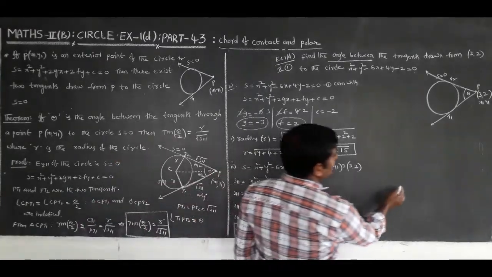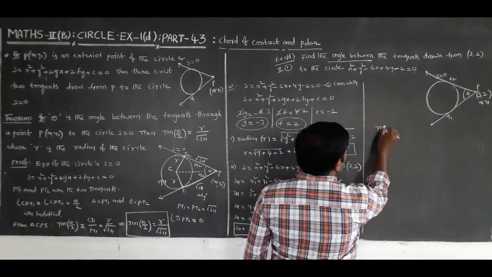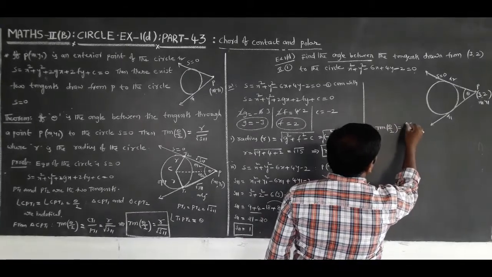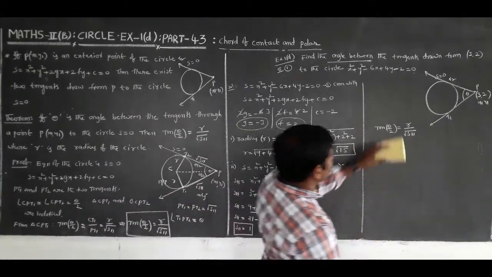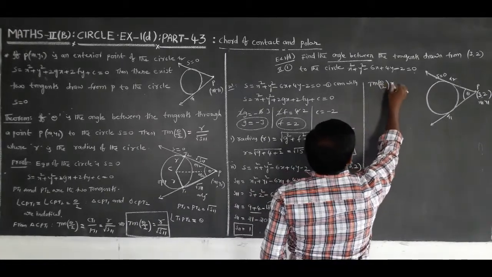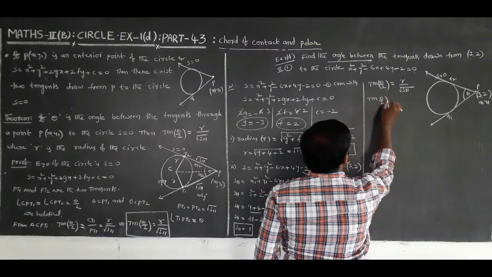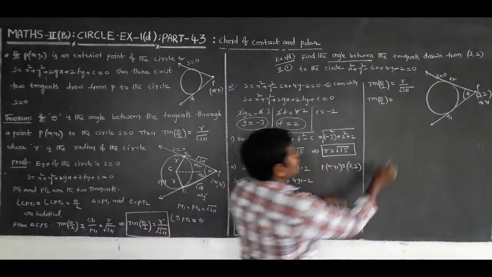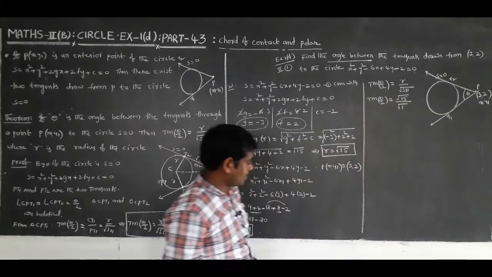Here if theta is the angle between the two tangents, then tan theta by 2 is equal to R by root S11. R is equal to root 15, so tan theta by 2 is equal to root 15 divided by root S11.